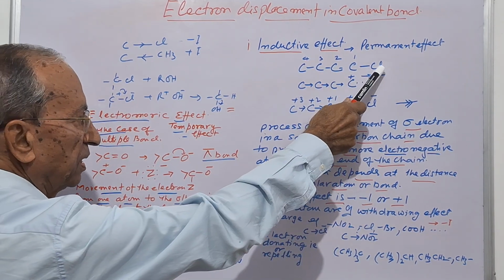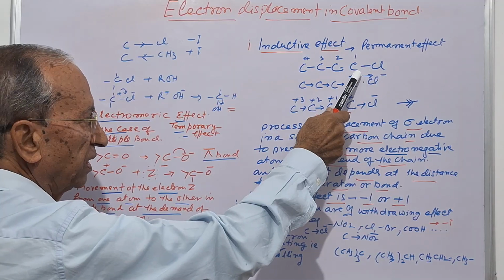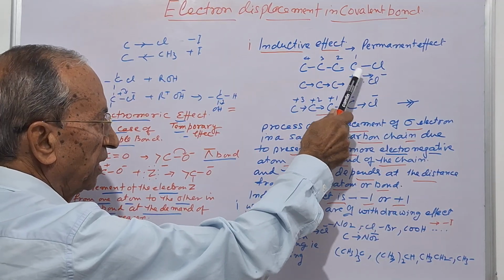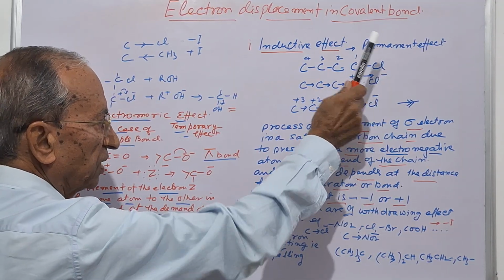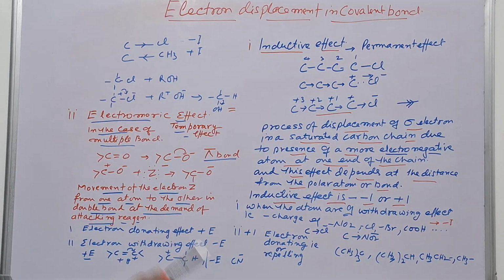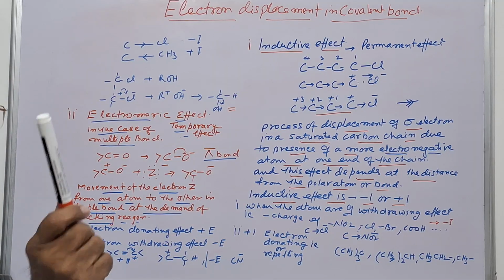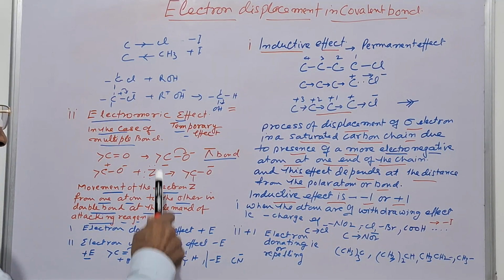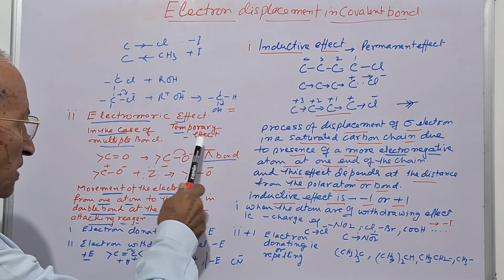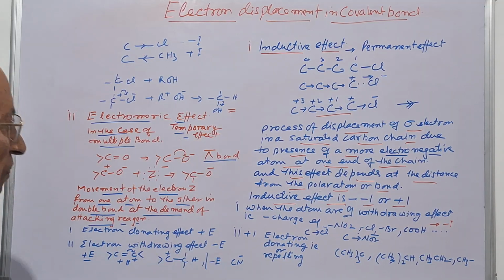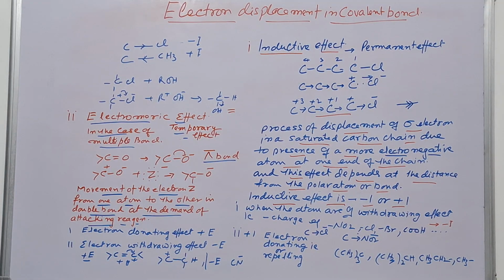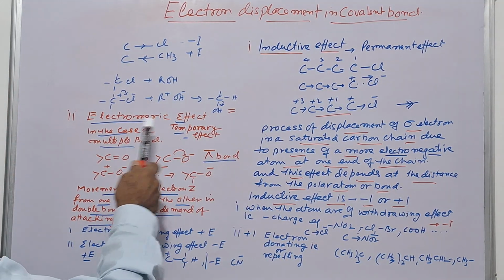That is, here the chlorine is at one end of the chain, because here the drift of electrons will take place toward the chlorine. But in the case of the electromeric effect, which is a temporary effect, it takes place at the demand of the attacking reagent, through a pi bond. Okay, so these are the inductive effect and the electromeric effect.